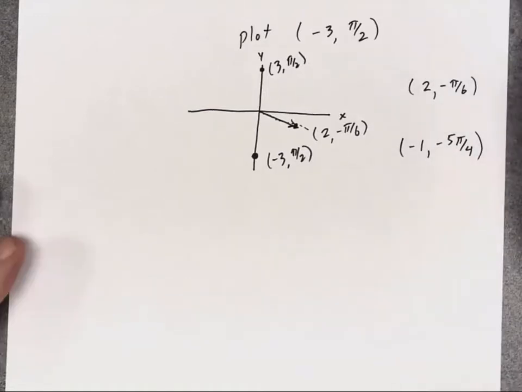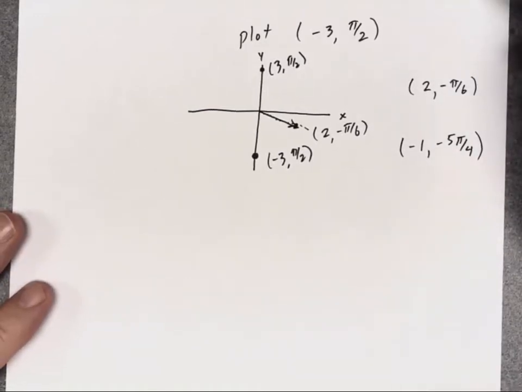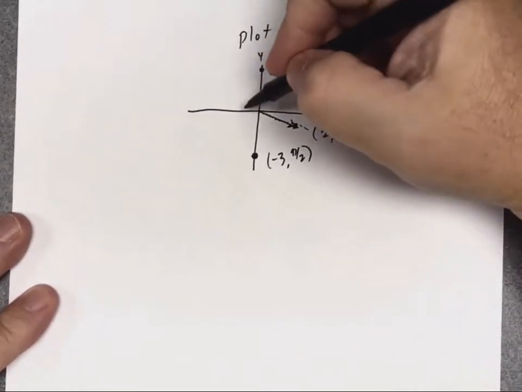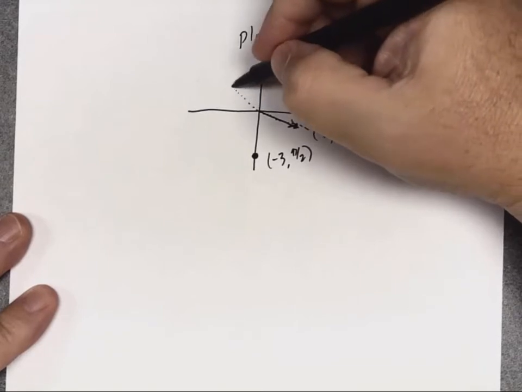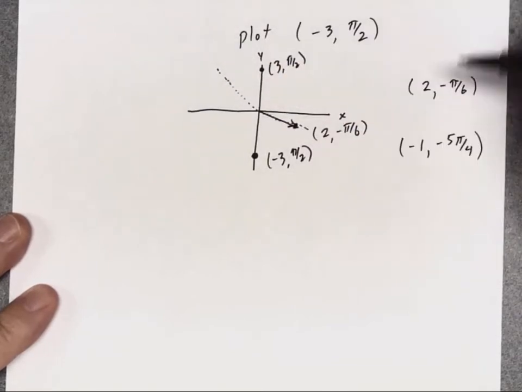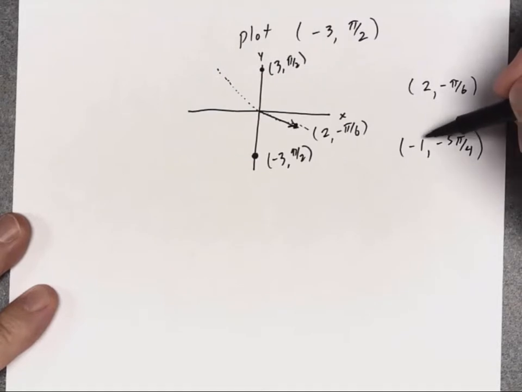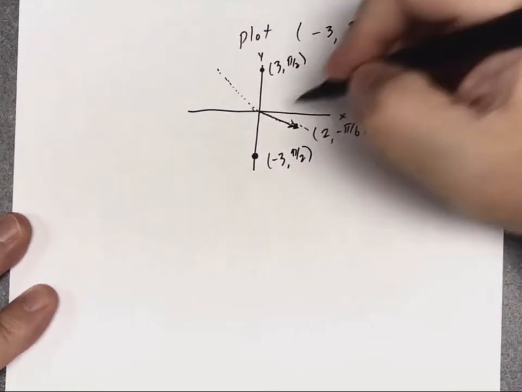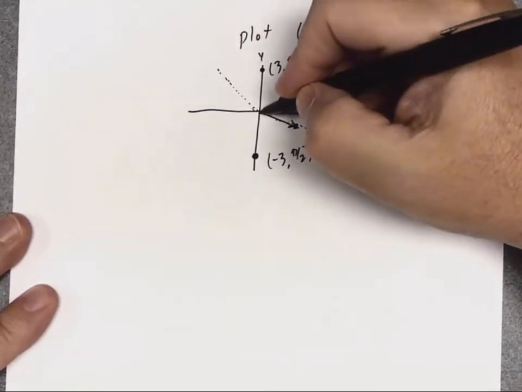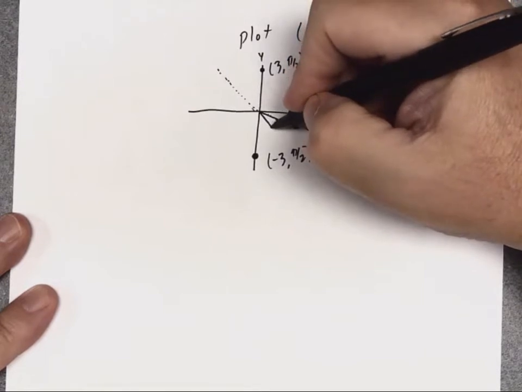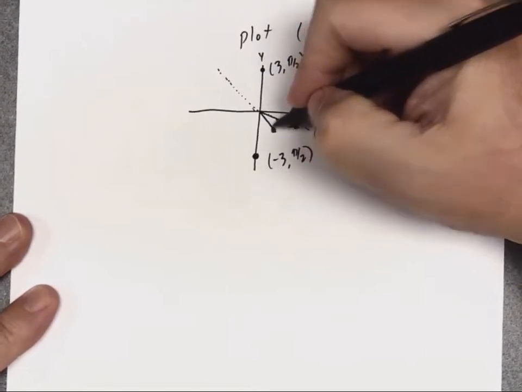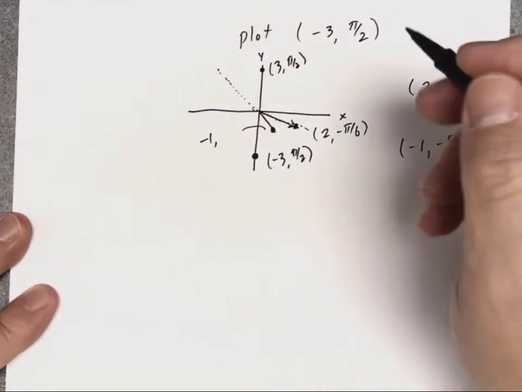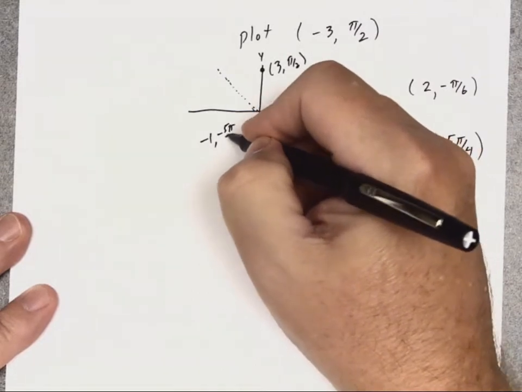So -5 pi over 4 means we go in the negative direction. -5 pi over 4 is up here. Of course, being -1 means now I have to go in the opposite direction. So if -5 pi over 4 is here, the -1 causes it to maybe be like right there. And that would be (-1, -5 pi over 4).